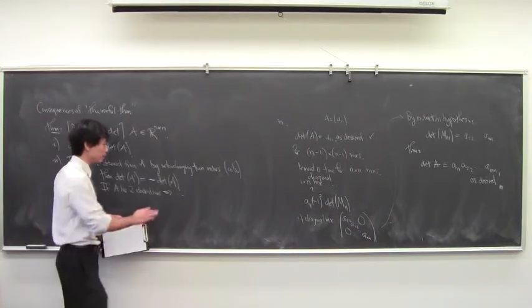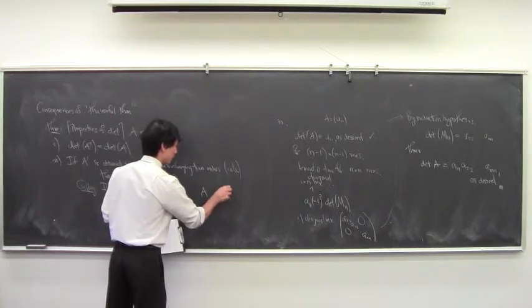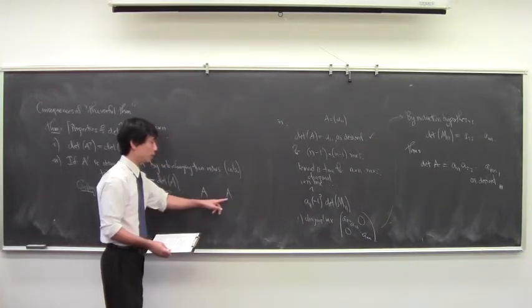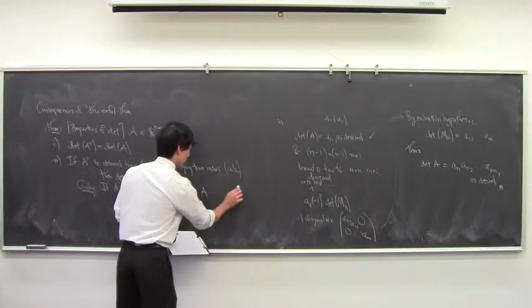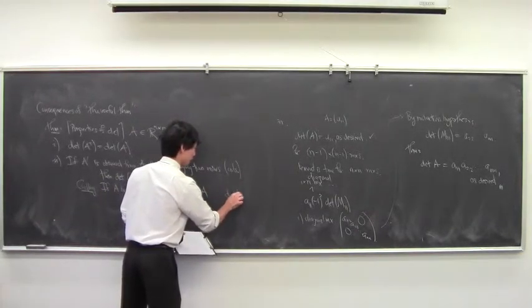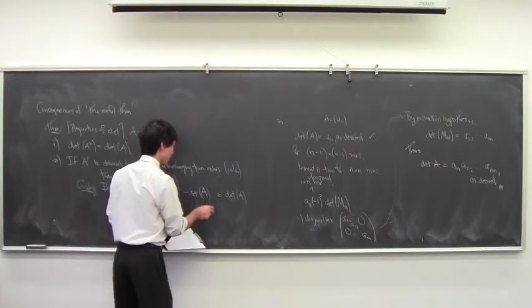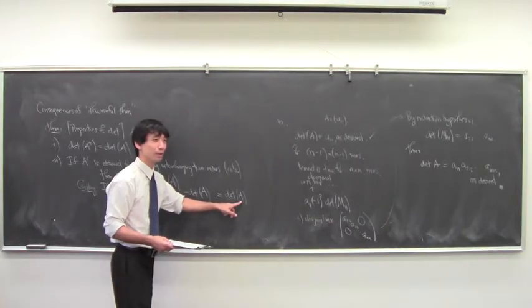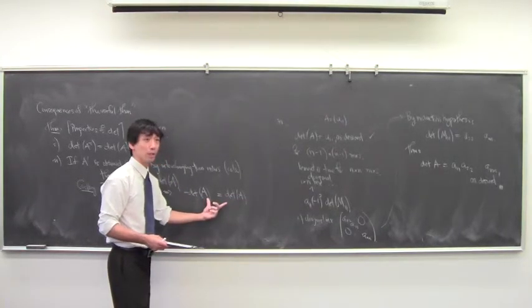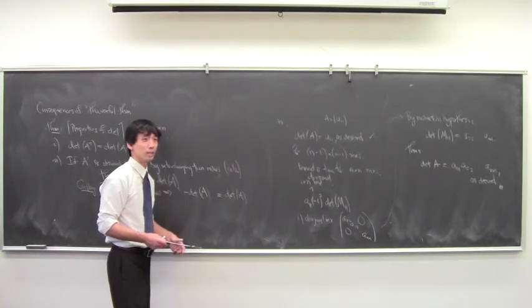So if you had this matrix with two identical rows, and you switched it, you would get the same matrix, right? That would say that the determinant of the switched matrix is negative the determinant of the original, right? What does that tell you about the determinant? If you had such a matrix, its determinant has to be 0.